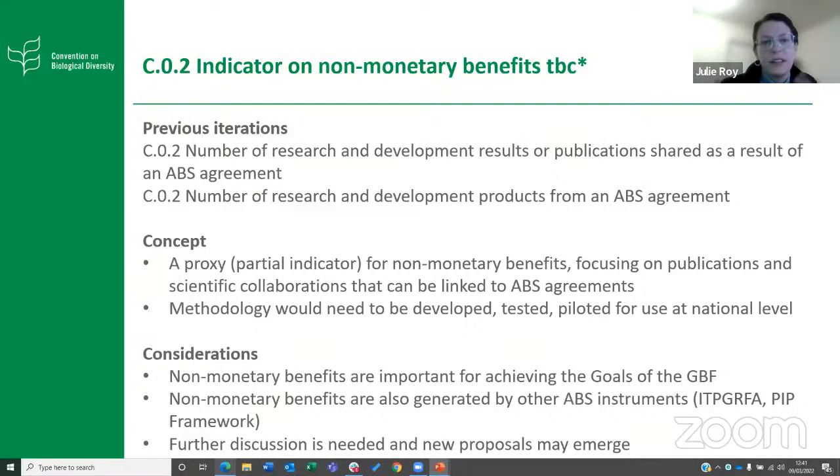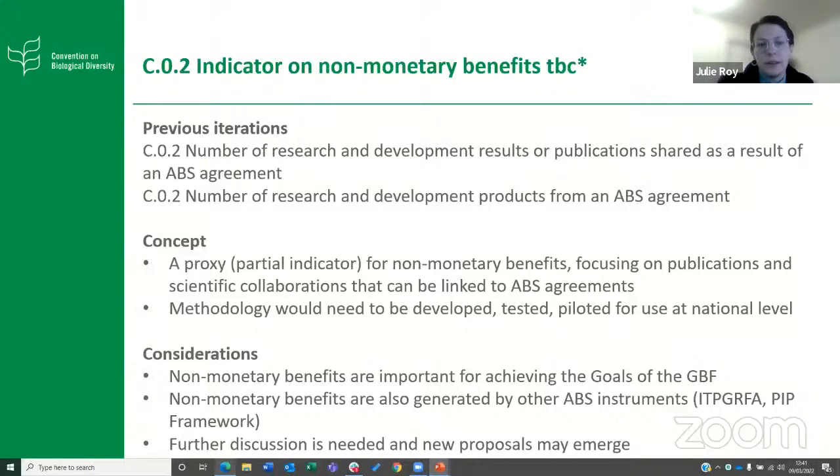And so with that context, we can understand a bit more of the previous iterations of this indicator, which referred to research and development results or products. So what would be feasible, we would think, for non-monetary benefits is looking at a proxy. So really a partial indicator that's only looking at specific types of non-monetary benefits that could be measured. And that would still give you a sense of the overall trends in non-monetary benefits.